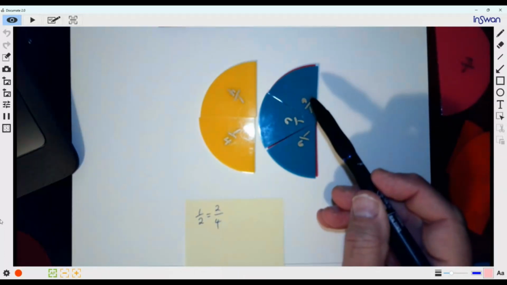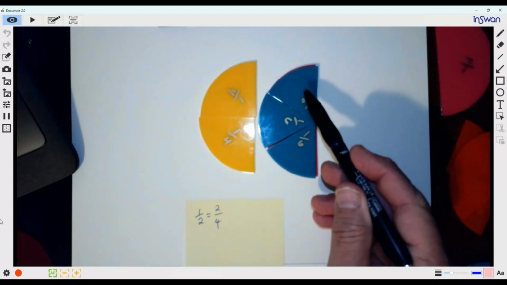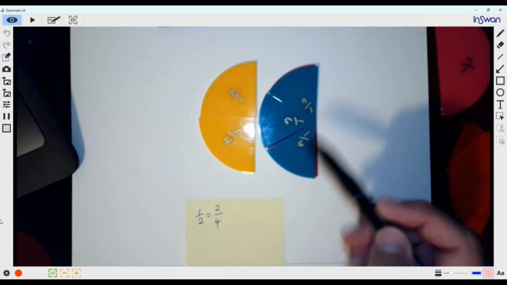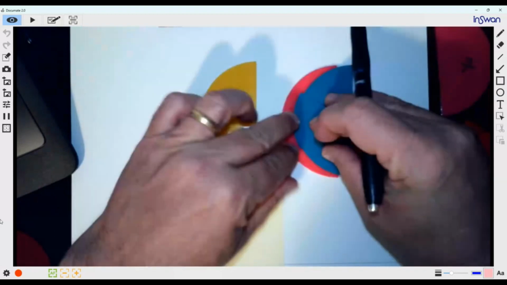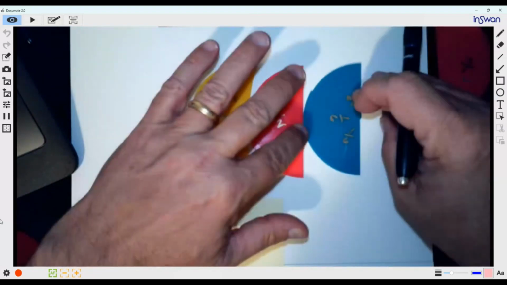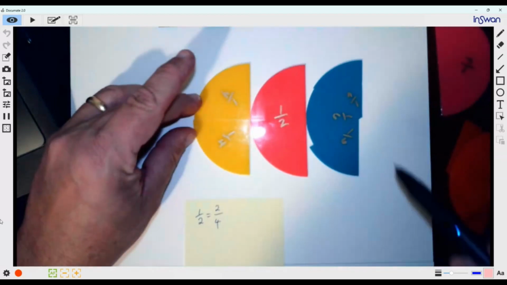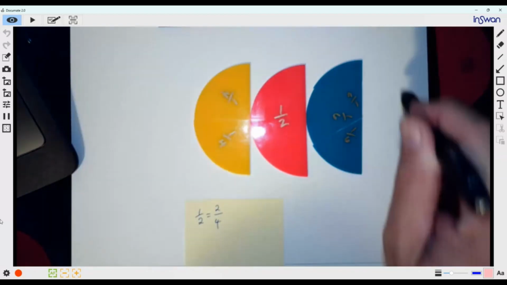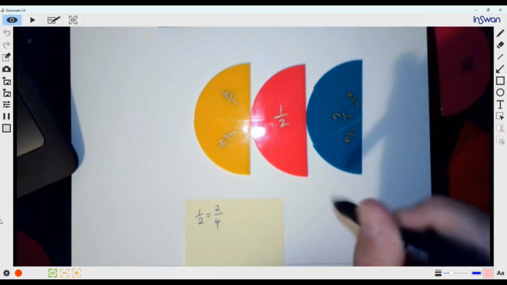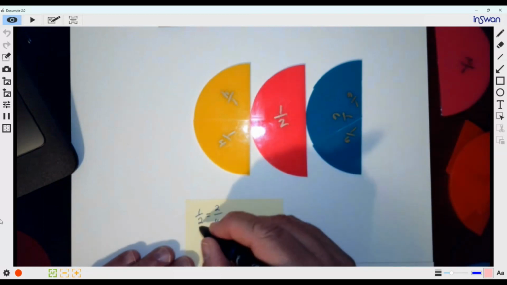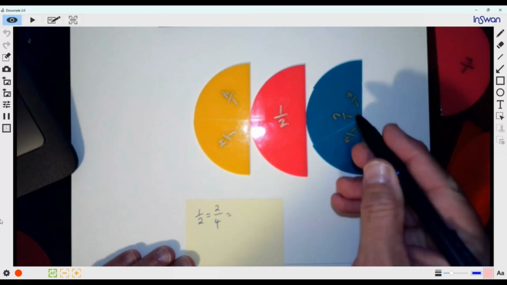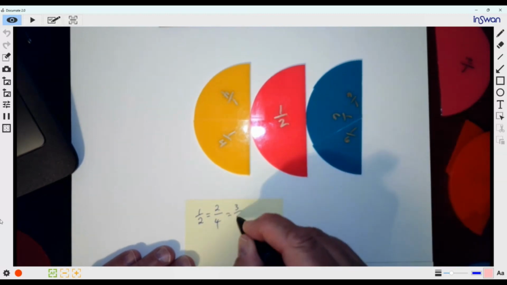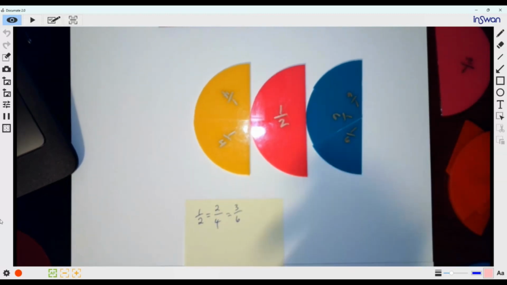And so if we take the 1/2 and we break it into 3 equal pieces, each one of those pieces is a sixth of the whole circle. Because to have a whole circle, I'd have to have 3 more, and that would give us 6. So 1/2 is exactly the same as 2/4, which is actually the same as 3/6.